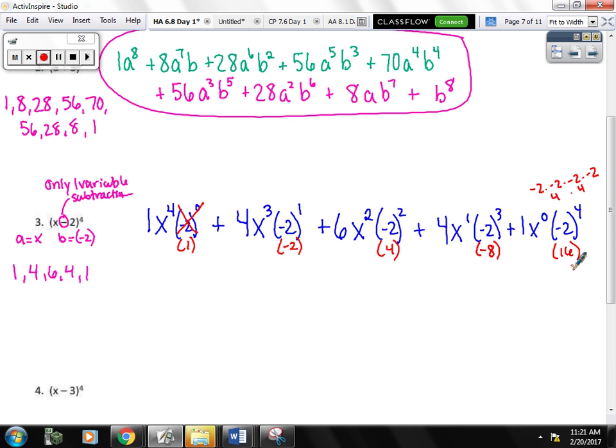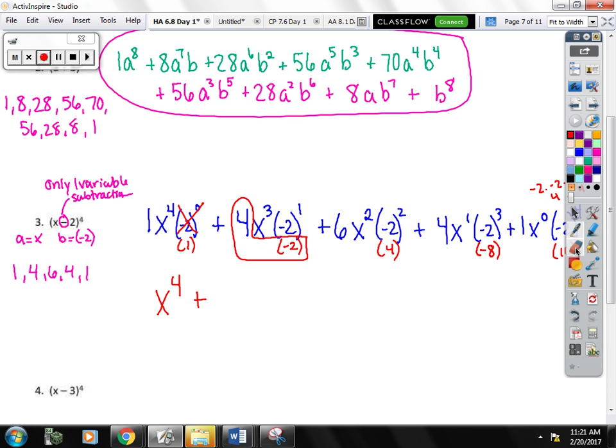You now need to multiply the coefficient that was there by the number that we found. So our pattern is no longer going to say 1, 4, 6, 4, 1 because of the -2 in the exponent. We'll have x to the 4th, and then we have to multiply the 4 and the -2 together. I shouldn't have written a plus sign, actually. I'm going to erase that, because plus and negative gives double signs. We have 4 times -2, which is -8x cubed.